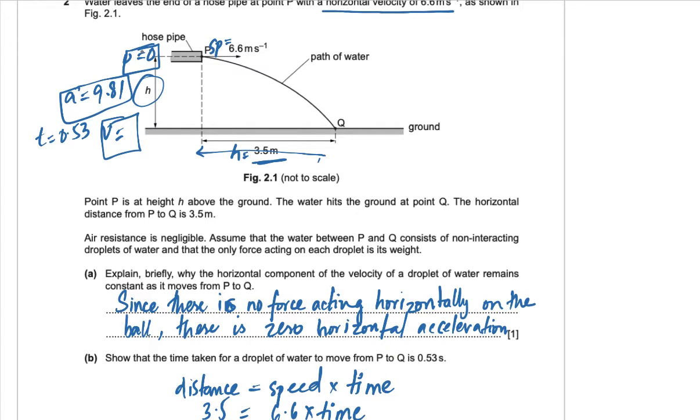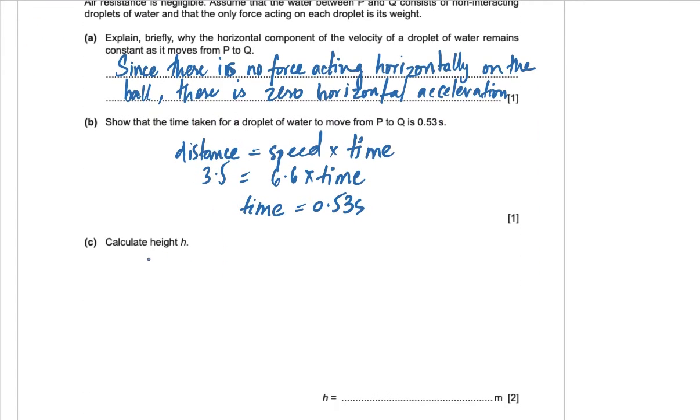So we have the data as such: the initial velocity is 0, acceleration is 9.81, the time taken is 0.53, and we are asked to find the value for h, or you could write s for that matter, because that is displacement, and displacement is height in this part of the question. This is unknown to us.